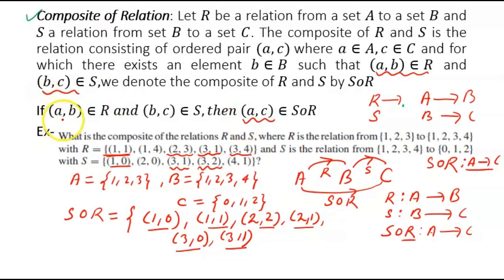So how does it work? A is going to B, that is because of R, and B is going to C, that is because of S. So first apply R and then apply S, then A will go to B and then B will go to C. So ultimately A comma C will belong to S composition R. I hope it is making sense to you.